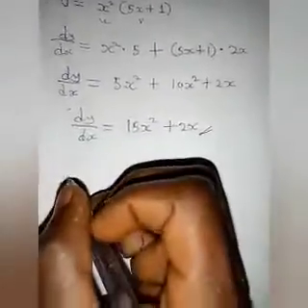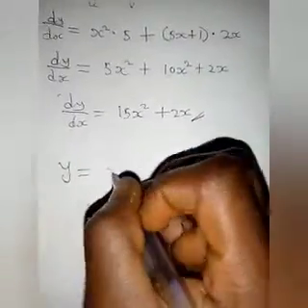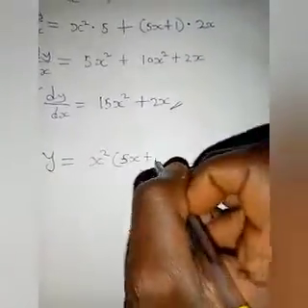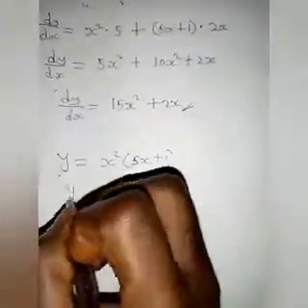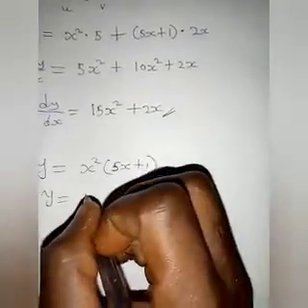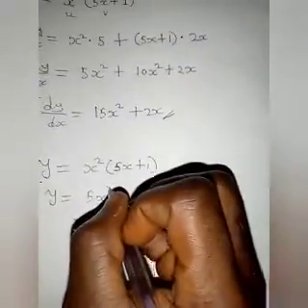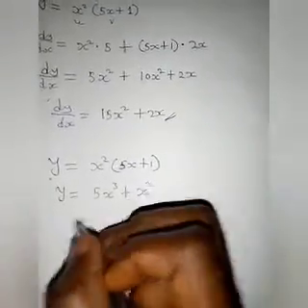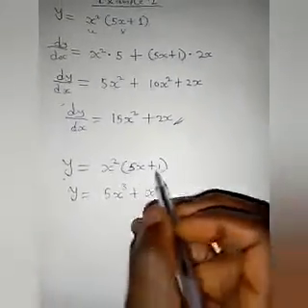So using the other way, what we just need to do is to expand. When we expand the expression, we'll be having 5x³ + x². So from here, we expand this to give us this.